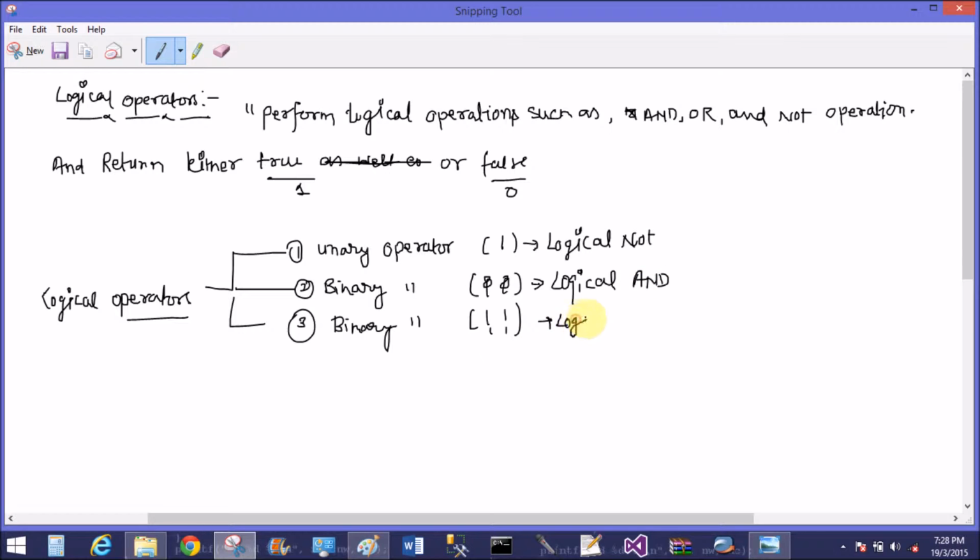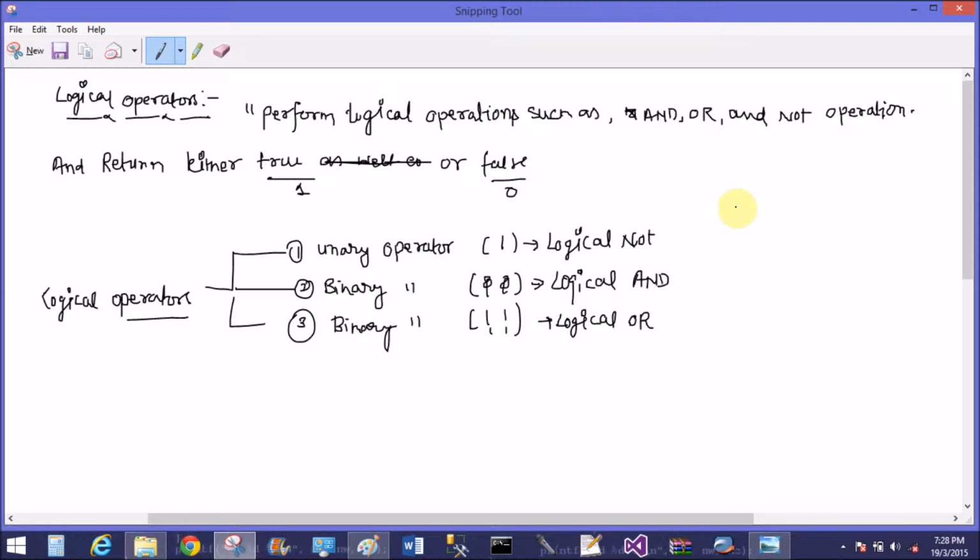If you know about the digital programming, then you can easily understand about that, because the truth table of the logical operator defines the output of the following inputs.